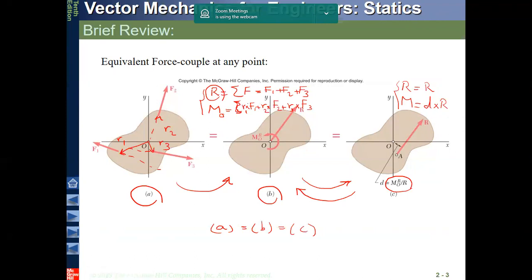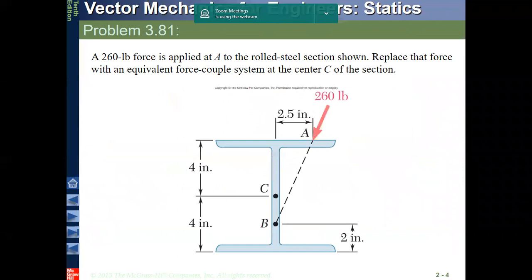Okay. So let's solve an example to make things more clear. If we have an I-shaped beam and exert a 260-pound force at point A, then what would be the equivalent force-couple system at center C?